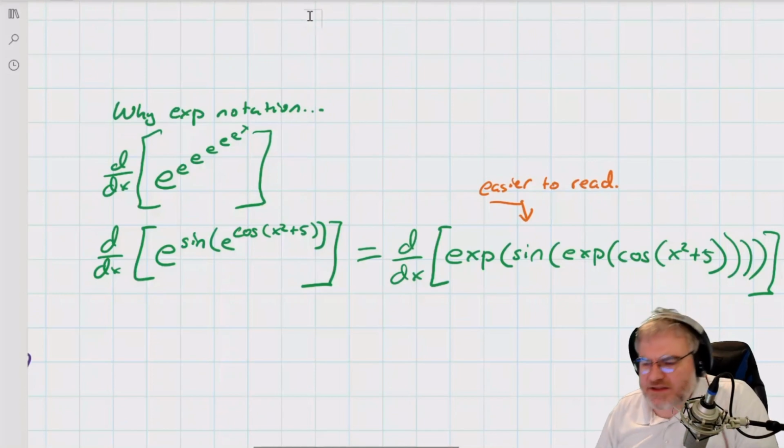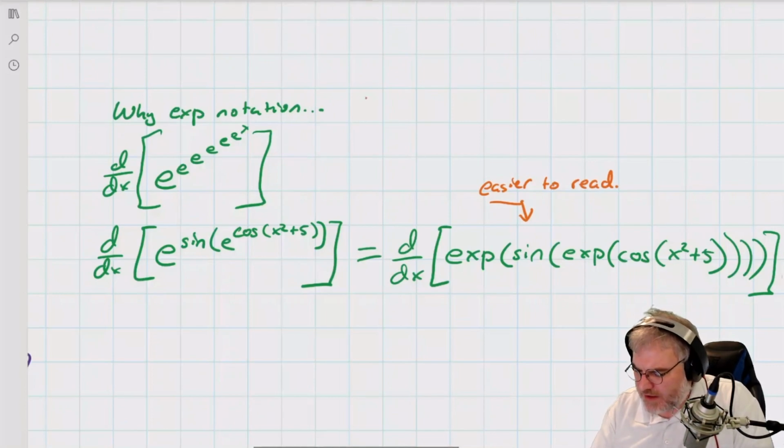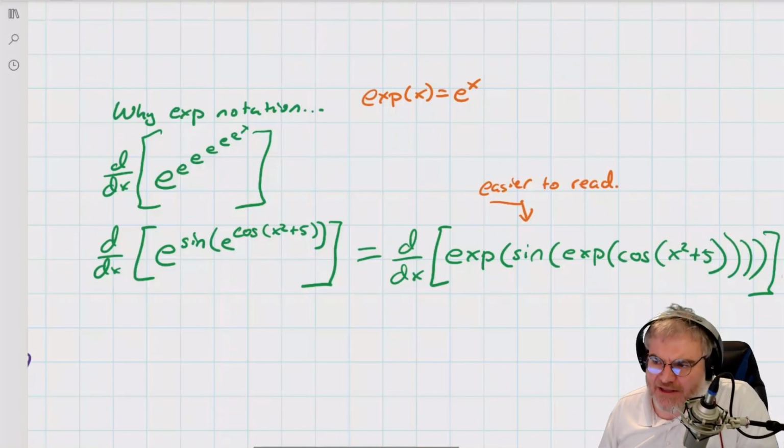Okay. And so we have this notation, right? Y exp notation. Exp of x equals e to the x. We have this special notation for it because these things are not out of line.